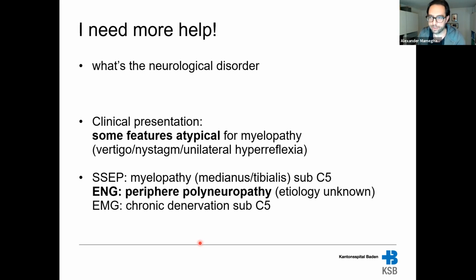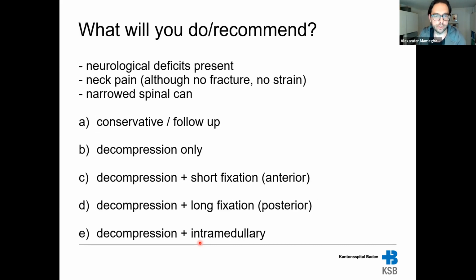And so I asked my colleague from neurosurgery, what would he do? Would he go intramedullary as well? And so these 5 options, A to E, somebody said, I leave it alone, I just do follow-up and conservative treatment. But the patient said to me very clearly, I don't want to experience this horror ever again.